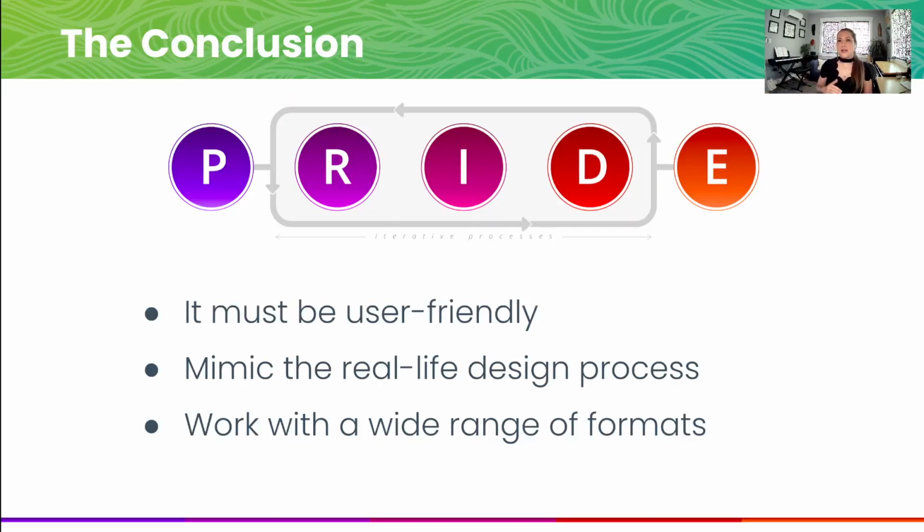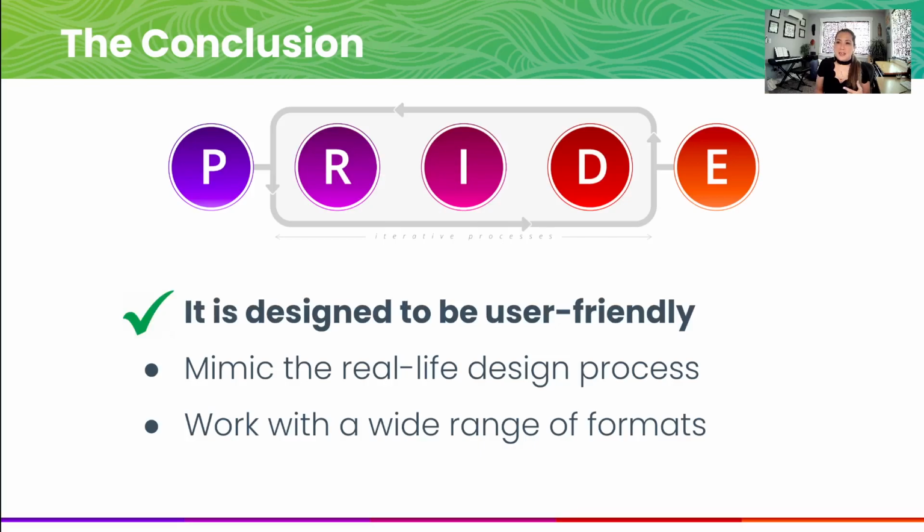So let's jump back to our objectives. First of all, I wanted the design to be user-friendly. I think I accomplished that in the workbook, in creating an acronym and outlining that iterative process. I do think that it describes it a little bit more.